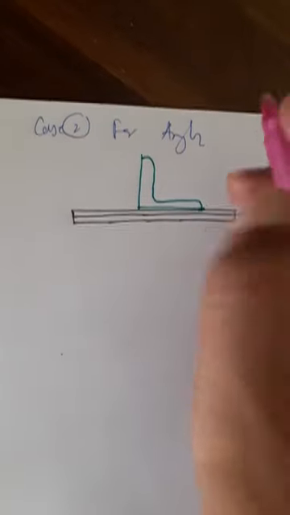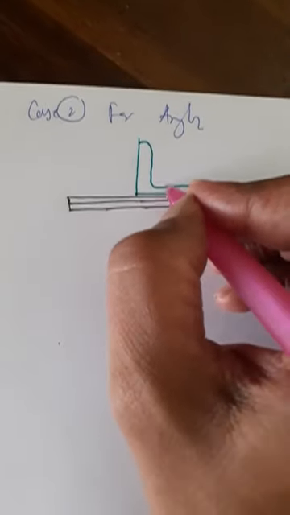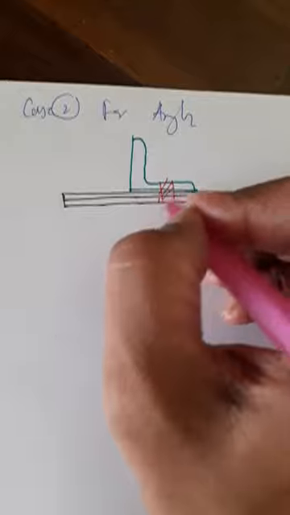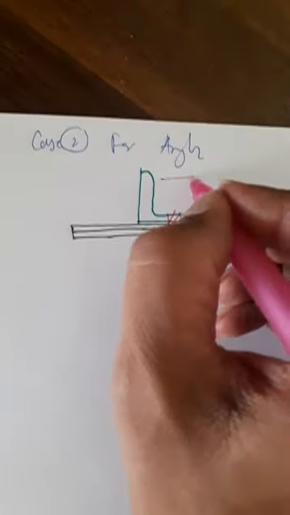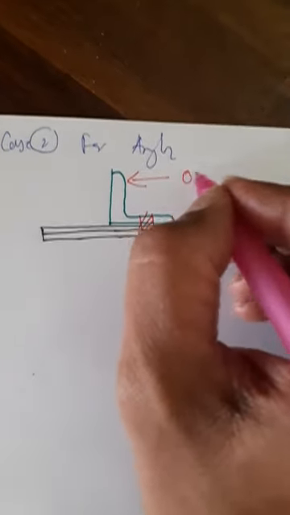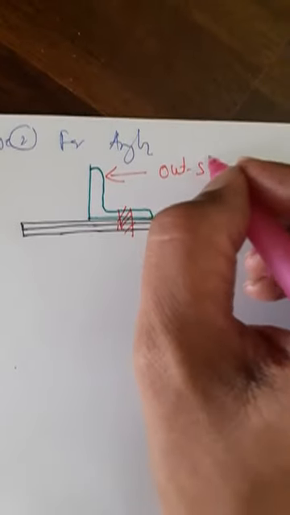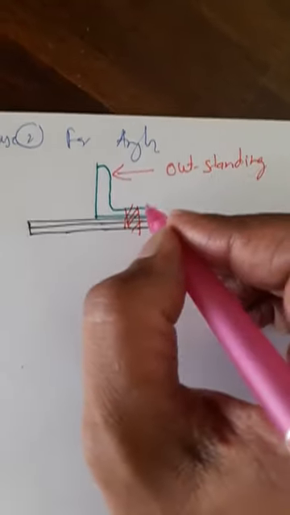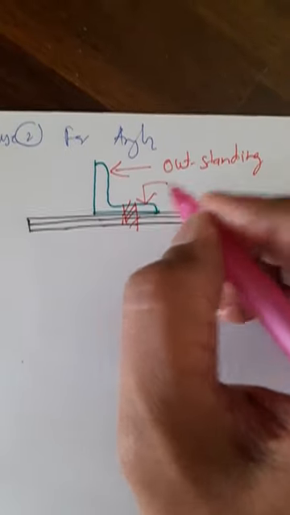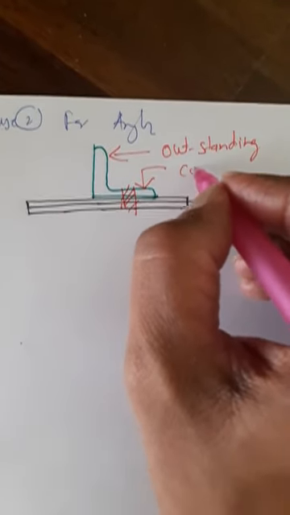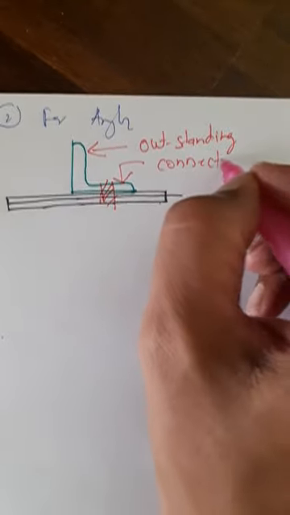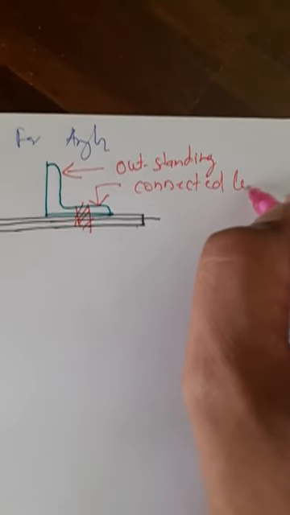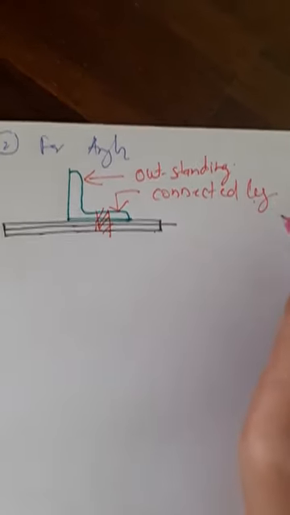Let there be some bolting here. These are bolted together. Then this leg is called the outstanding leg, and this leg is called the connected leg.